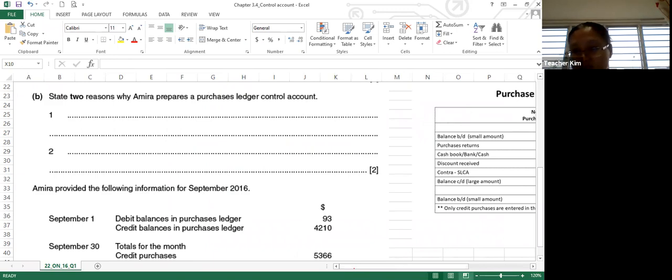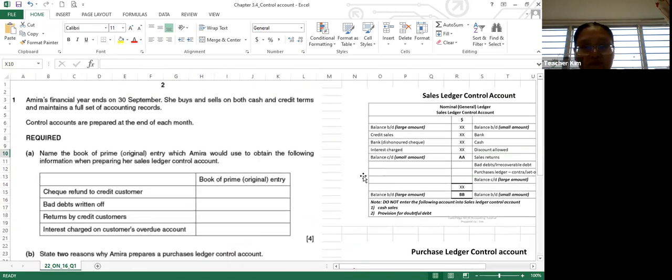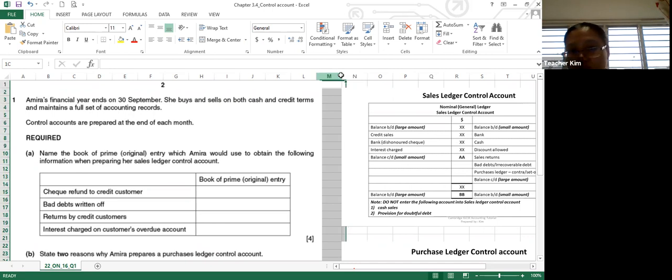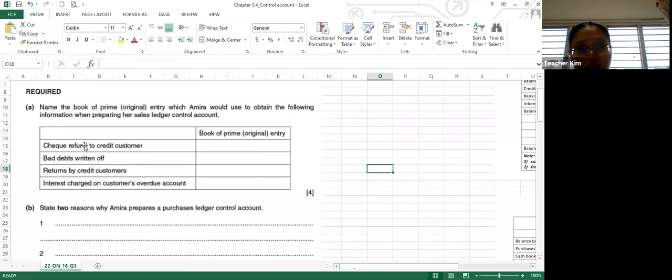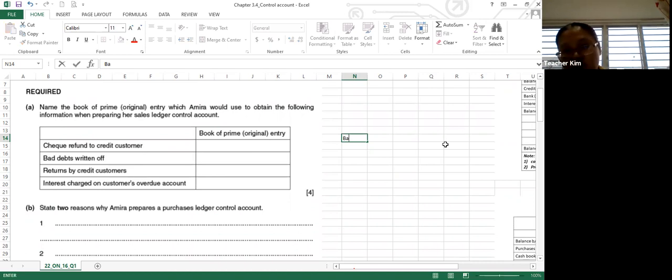Okay, for this question, the first one, they say to name the book of prime entry which Amira will use to obtain the following information when preparing the sales ledger control account. Let me find a space. The first one, check refund to credit customer. The moment you see the word check, the check must be the bank.